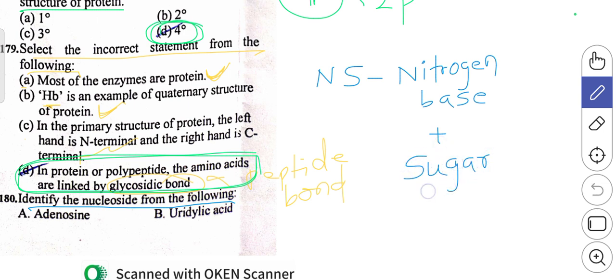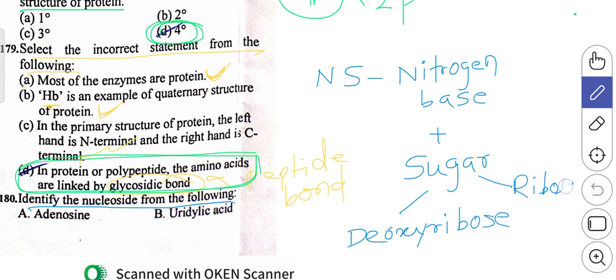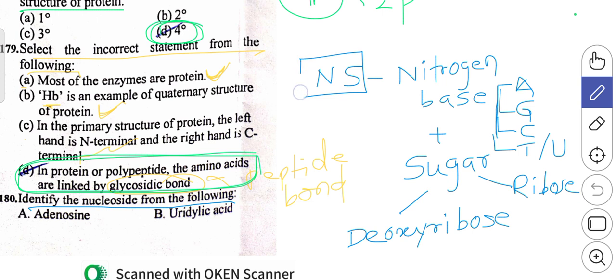The sugar may be deoxyribose or ribose. Nitrogen bases are adenine, guanine, cytosine, thymine or uracil. So this is regarding the nucleoside.